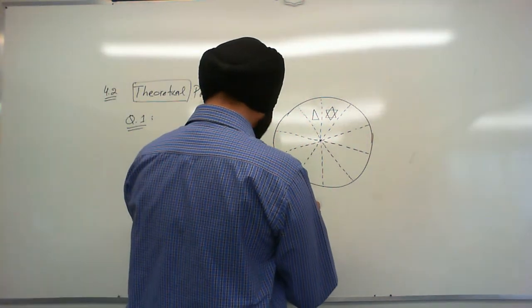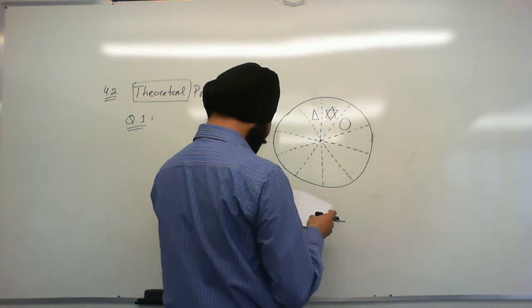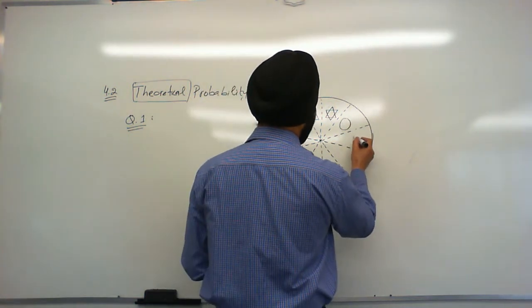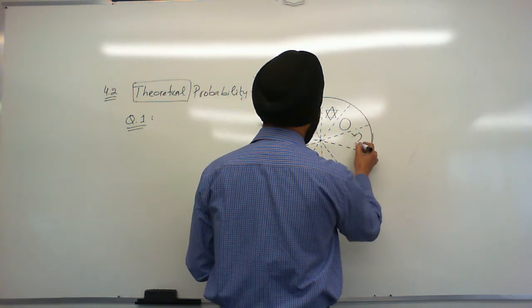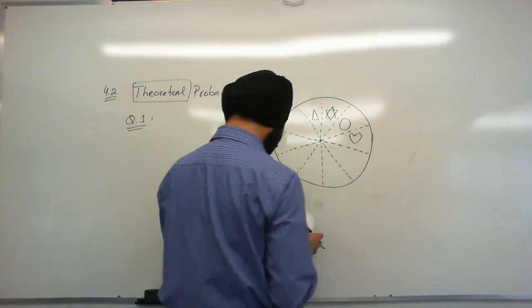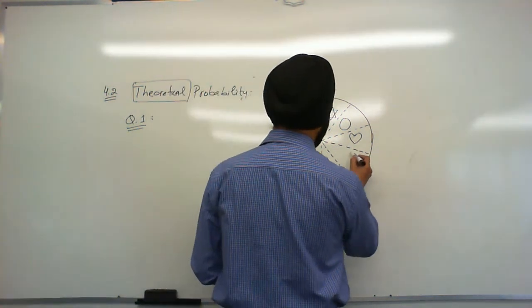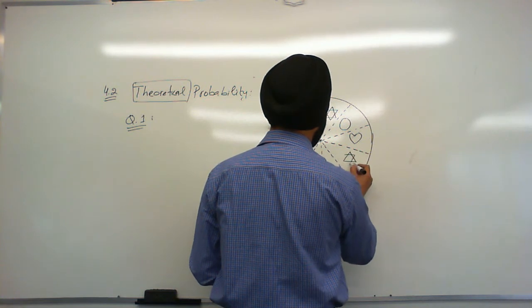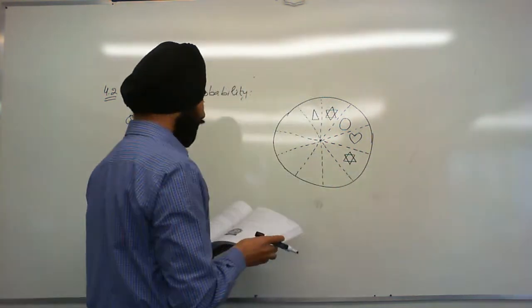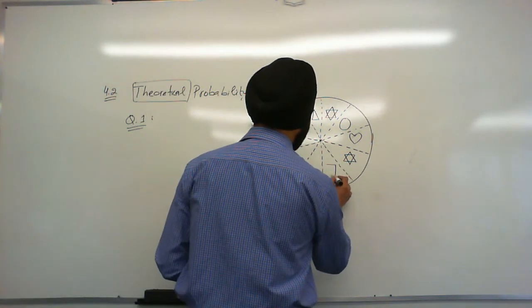Okay. Then you got a circle there. A heart. Okay, another star. So a triangle. You have to do it at an angle now. And then a square.